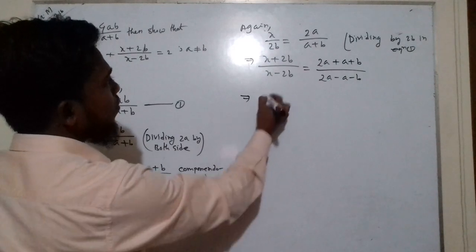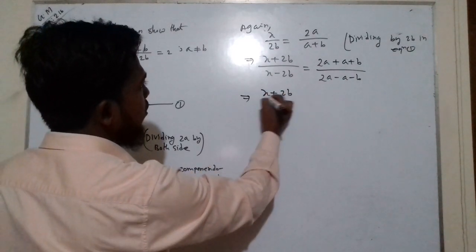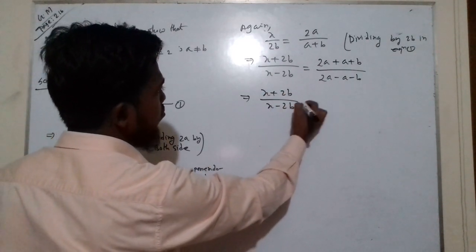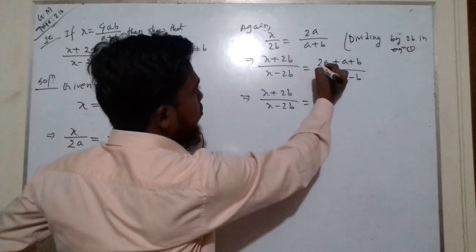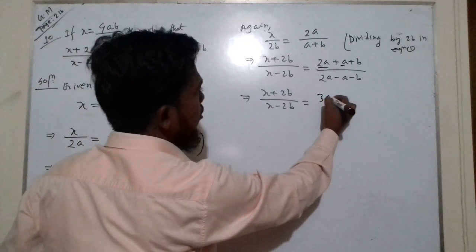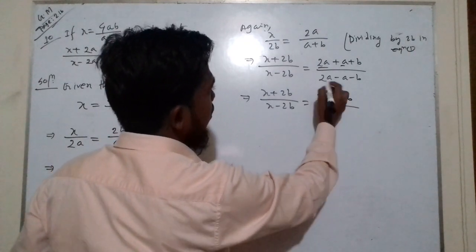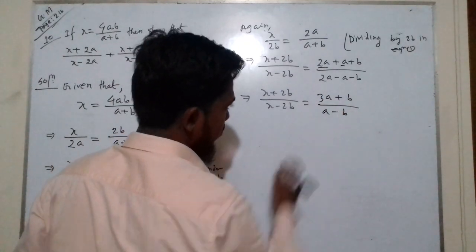So x plus 2b divided by x minus 2b equal to a plus 2a plus a, that means 3a plus b, divided by a minus b.